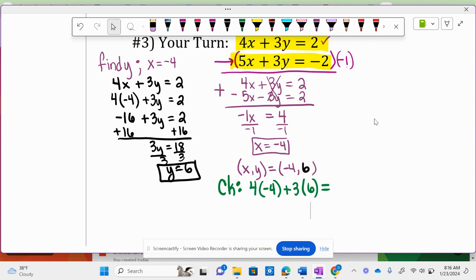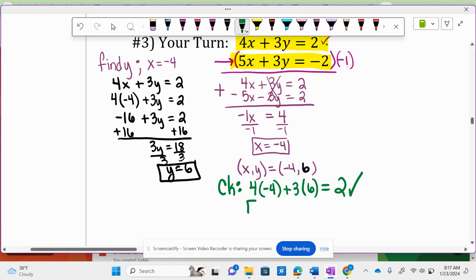What do we get? What's 4 times -4? -16. Plus 3 times 6 is 18. -16 plus 18 should give me 2. Did you get that in your calculator? That's what you should get. Let's check the second one. 5 times my x value of -4 plus 3 times 6. Put that into your calculator.